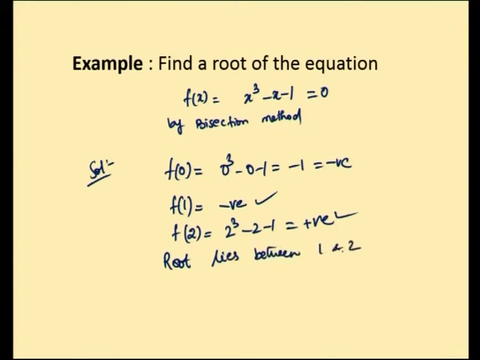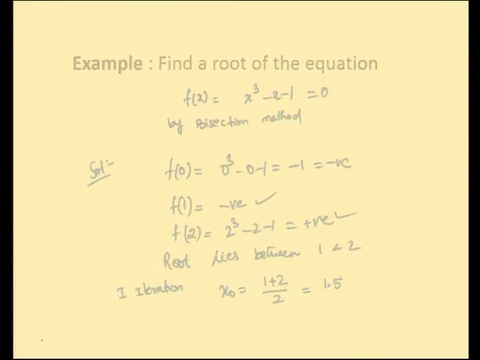Therefore, the root lies between 1 and 2. So, our initial iteration is x0 equal to 1 plus 2 divided by 2. You have to bisect the values. 1 plus 2 divided by 2 is 1.5.